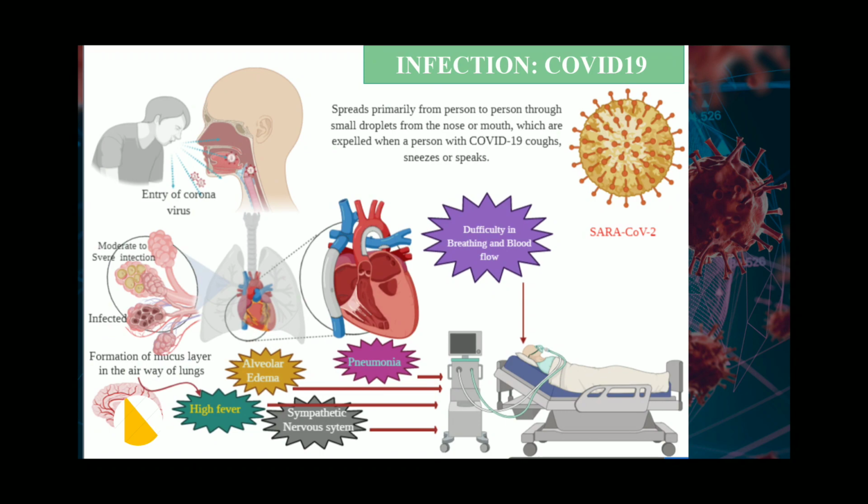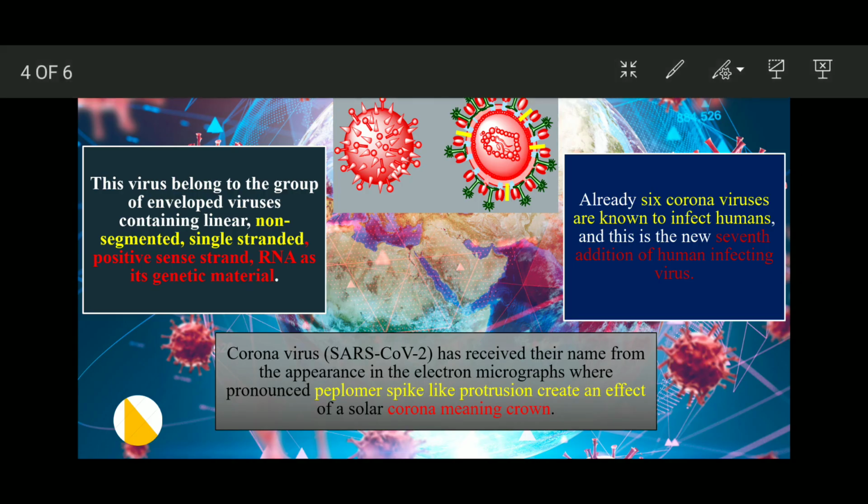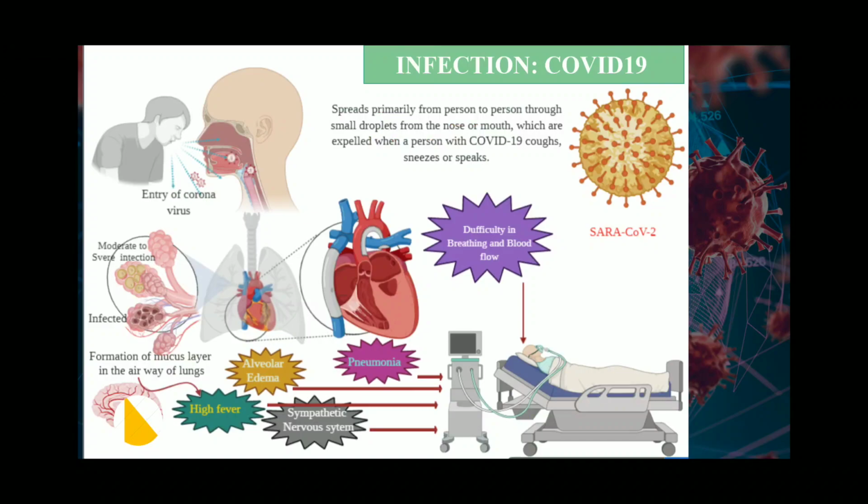So all this under some IL 2, 3, etc. they get activated, and that ultimately leads to alveolar edema, pneumonia, high fever, and difficulty in breathing or shortness of breath, and blood flow. All these things get disrupted, which leads to ultimate illness of the individual.